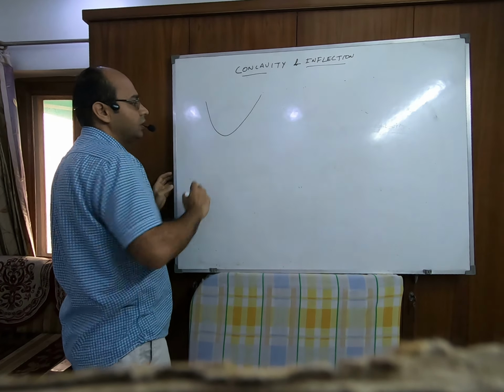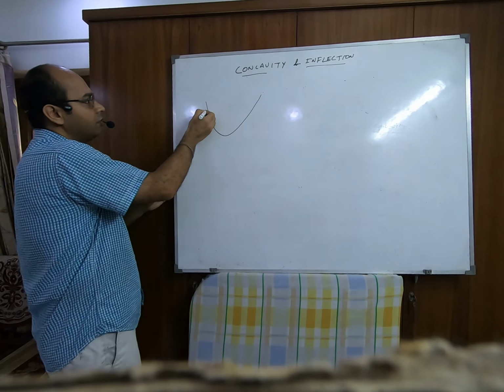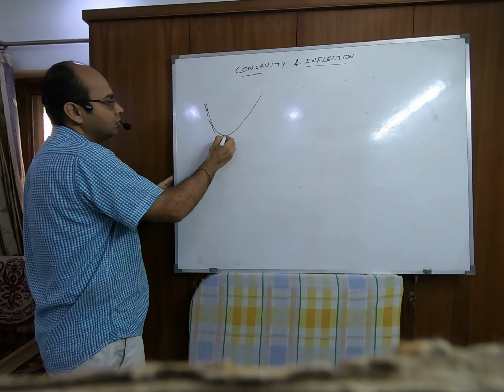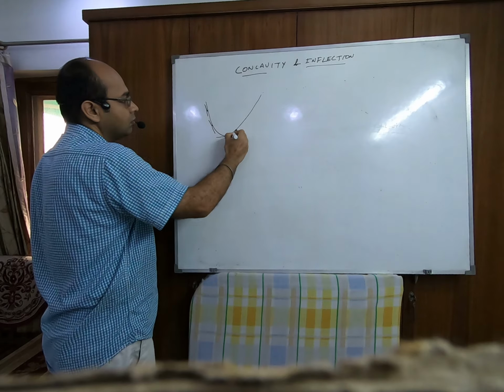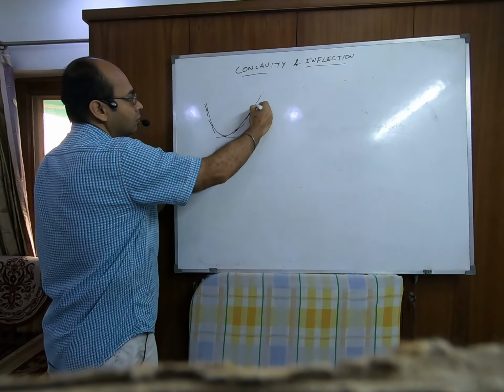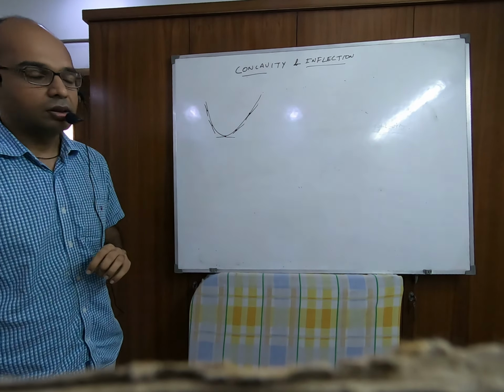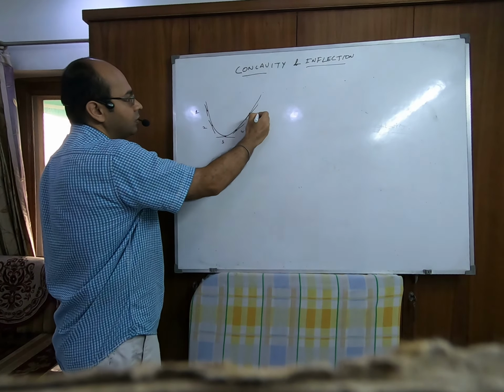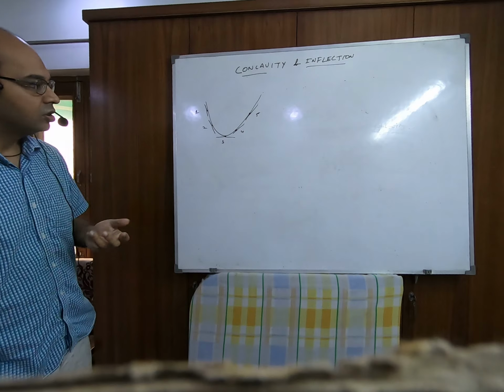Concave up must look like this. So if I draw tangents, this will be like this. Again, let this be 1, 2, 3, 4 and 5. Again we'll discuss the slopes.